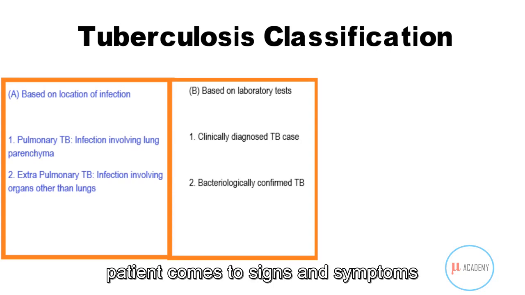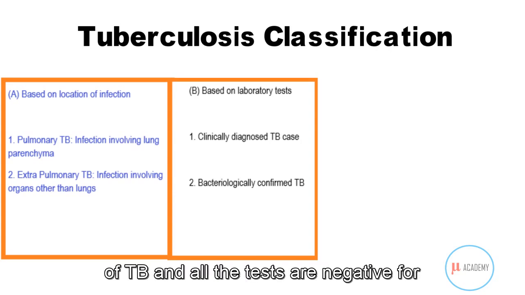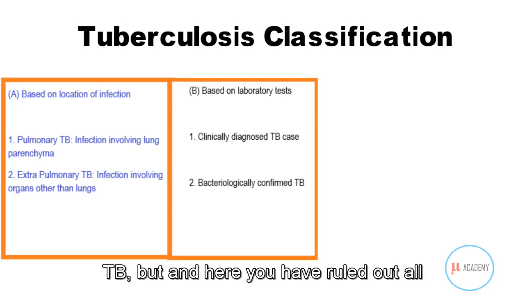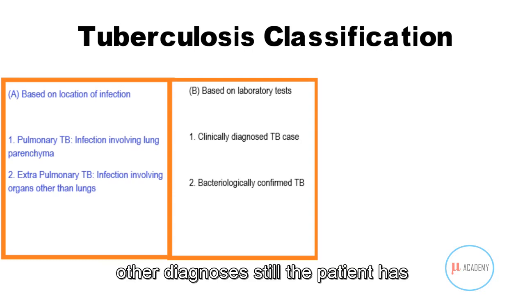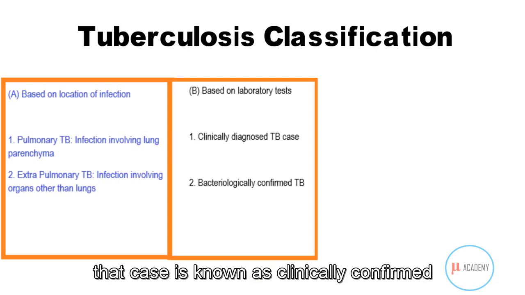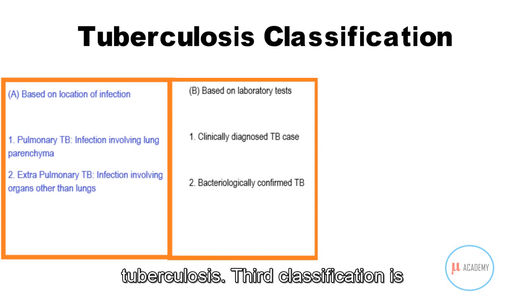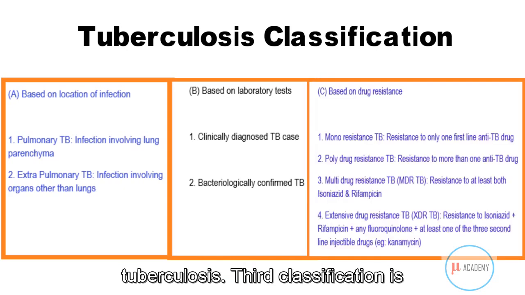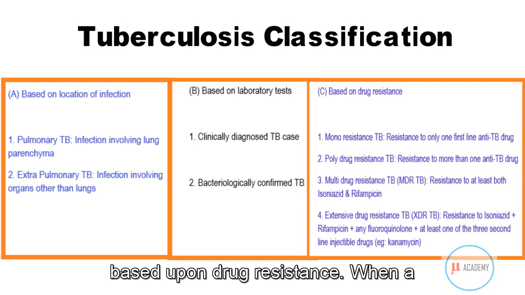When a patient comes with signs and symptoms of TB and all the tests are negative for TB, you have ruled out all other diagnoses, still the patient has signs and symptoms confirming TB, that case is known as clinically confirmed tuberculosis.